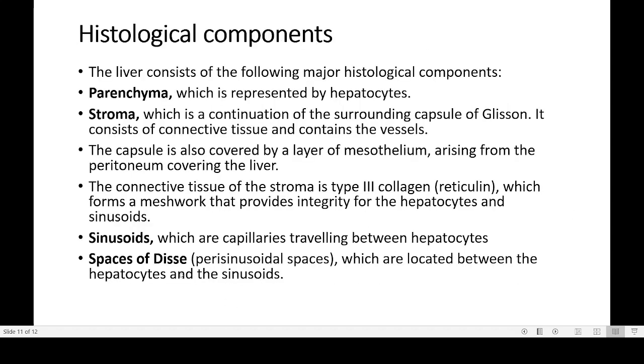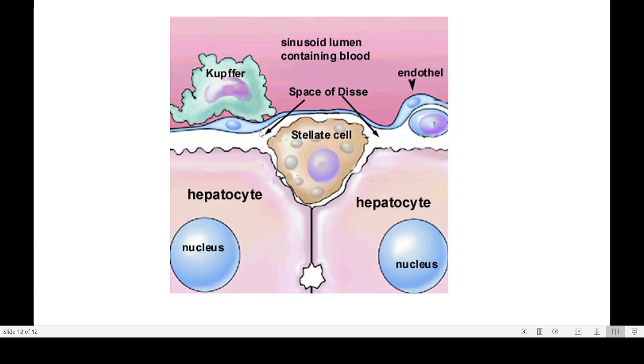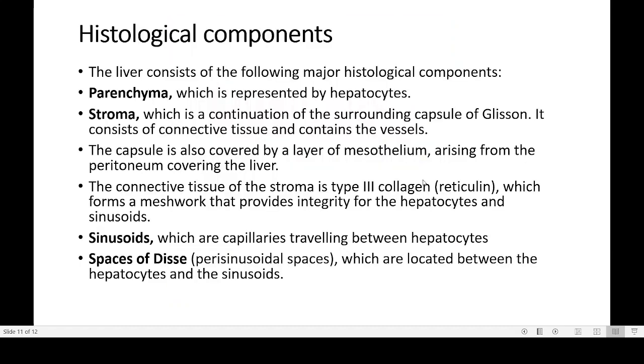Then another structure that we are finding in the liver is known by the name space of Disse. Here you can find that this is another type of tissue that we are finding in the liver, known as the space of Disse. So if you look at the structure of the liver, we are finding four different structures. One is space of Disse. Then we can find sinusoids. Then we can also find parenchyma and also stroma.